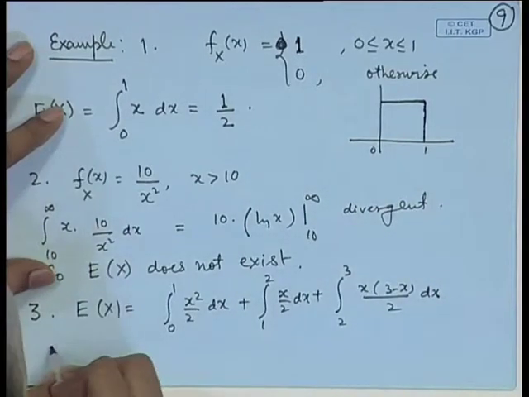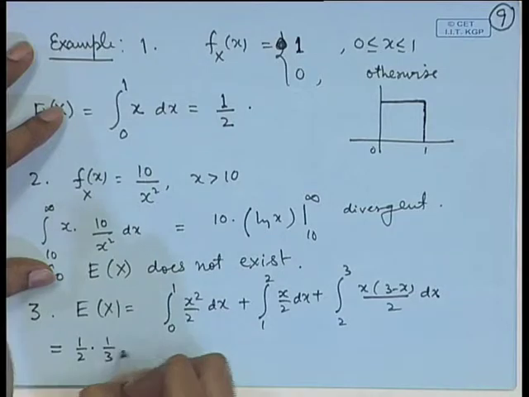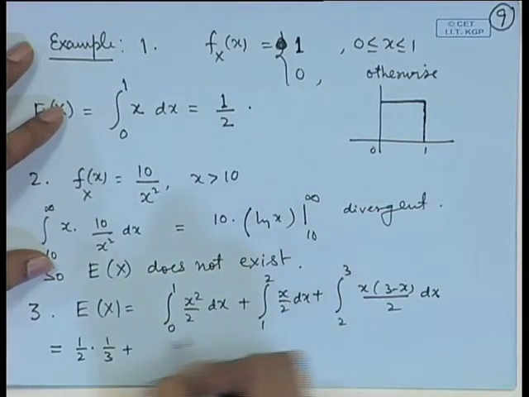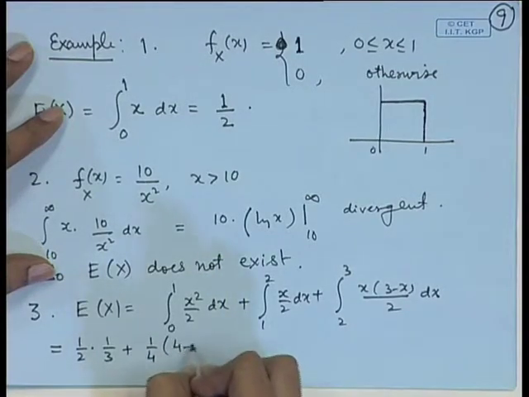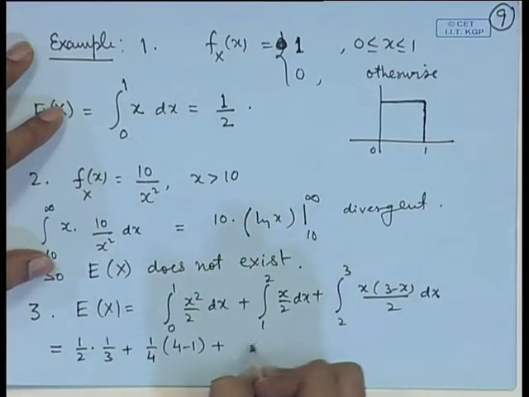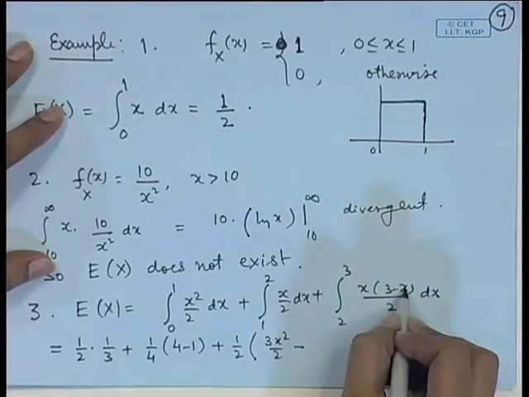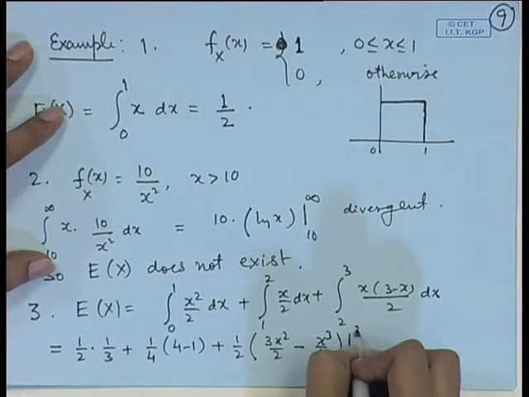So, this is equal to half times 1 by 3, plus here the integral will become x square by 4, so 1 by 4 minus 1, plus 1 by 2 times the integral of 3x, which is 3x square by 2, minus x square, which will give you x cube by 3 for 2 to 3.